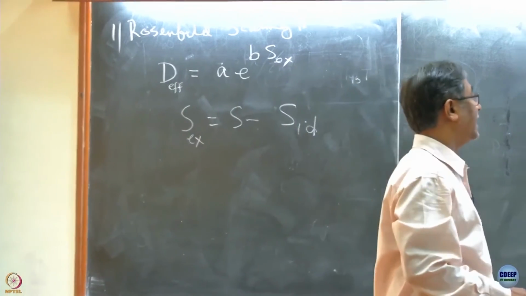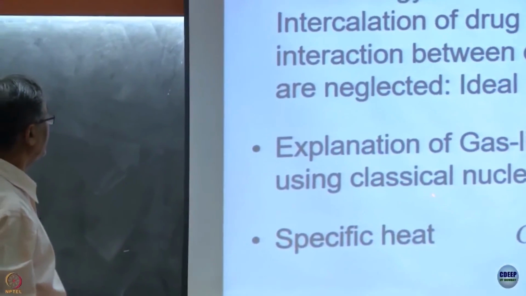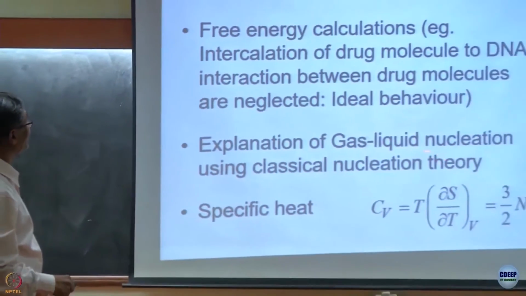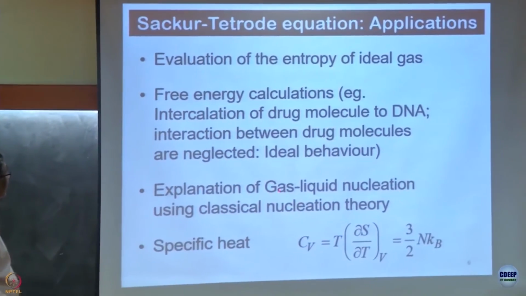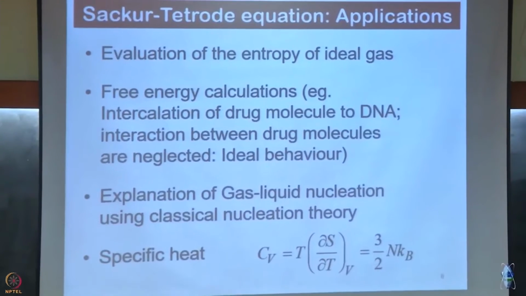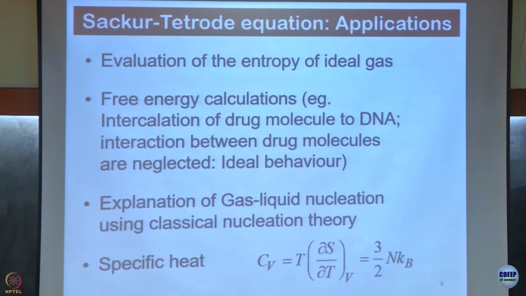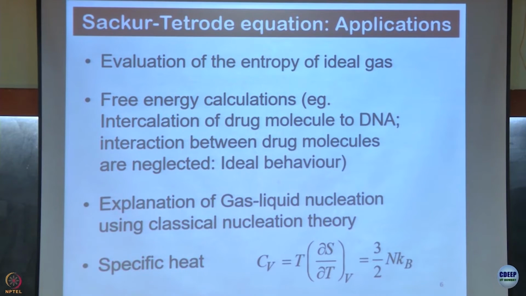Where we had to use it was in gas-liquid nucleation. There we needed this free energy calculation, G = H - TS. When a low temperature gas is going into liquid, the free energy of the gas has both entropy and enthalpy.